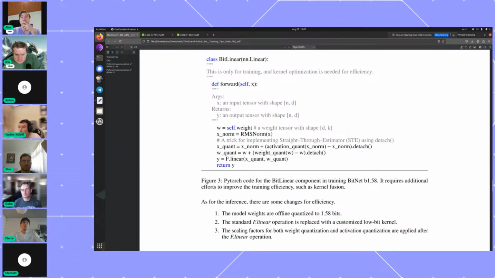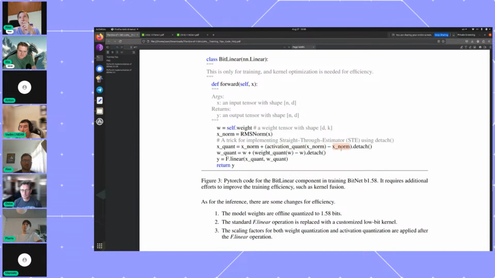plus. Okay, so let's go through this. This is an implementation detail, right? So you will notice it has X norm minus X norm, right? So they will cancel out. And then it has activation quant of X norm. So this is the quantized X norm, from minus 128 to 128. Let's get back to it in a second, but for now, X quant is just quantized X norm, right?